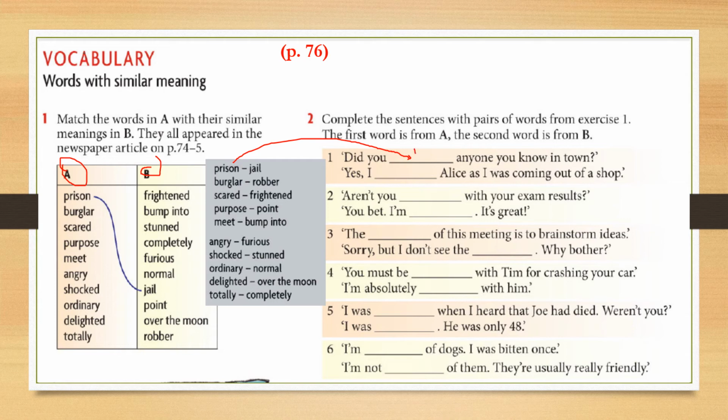So you fill in the word from A here, and the word from B here, and decide which pair of words can be used here. Then we check the answer quickly and briefly. You just have 3 minutes to go through number 1 to number 6.